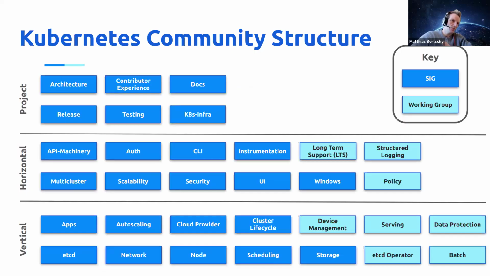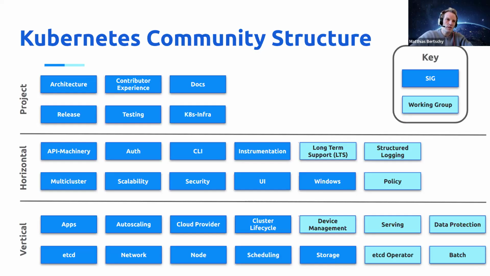This is another way of representing it. That's a diagram of all the SIGs and the working groups currently active in the Kubernetes project. For example, SIG Release and SIG Docs are groups whose work you might be familiar with, and these are typically project scope.